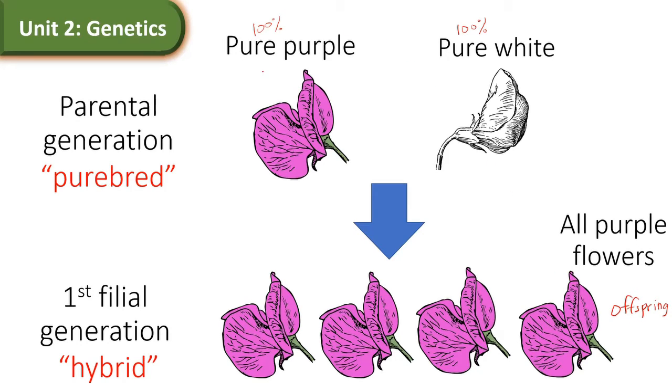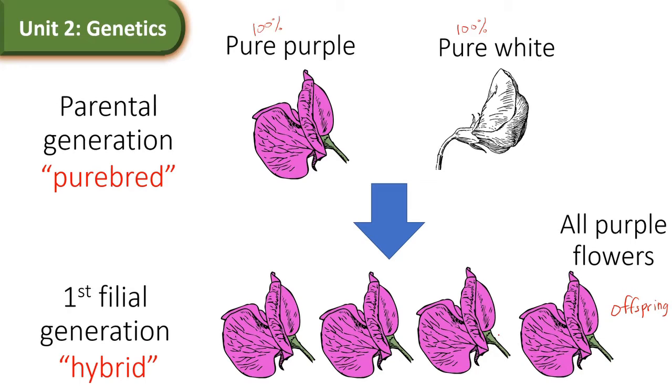Using the pure purple and the pure white combination, the parental generation can be called your purebred flowers. And as a result, Mendel observed that the flowers that came from the pure purple and pure white, all of them are purple flowers. At first, they were thinking that it's also 100% purple.